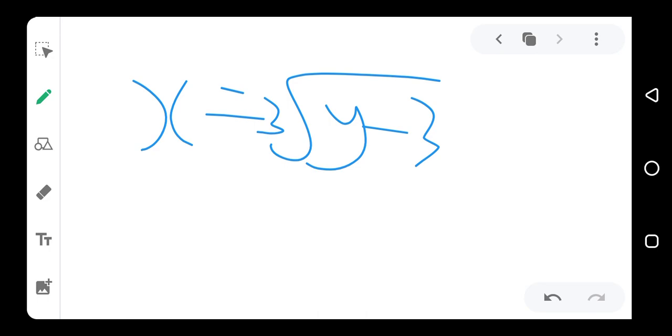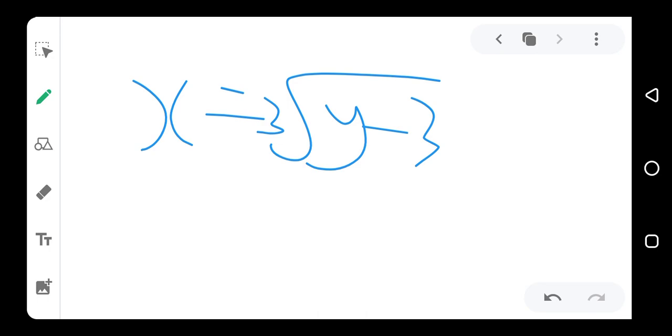To find an inverse of a function, you transform the f of x to f of y. And what it means is that if f of x is equal to y, then x is equal to f of y. Now this thing we have here, which is x, is f of y.